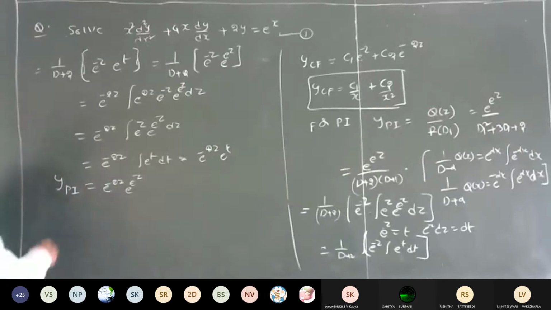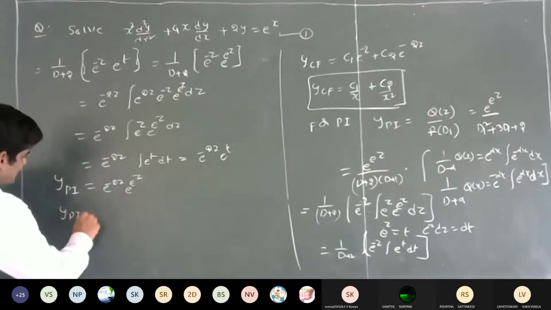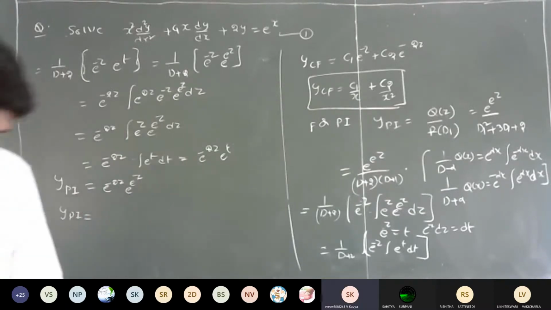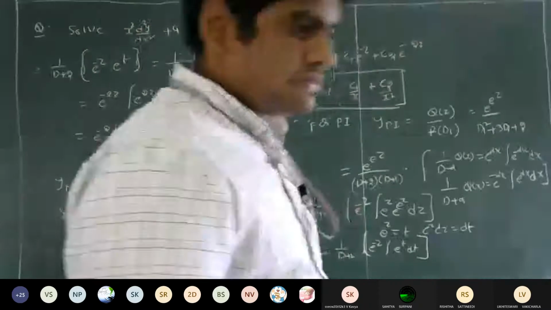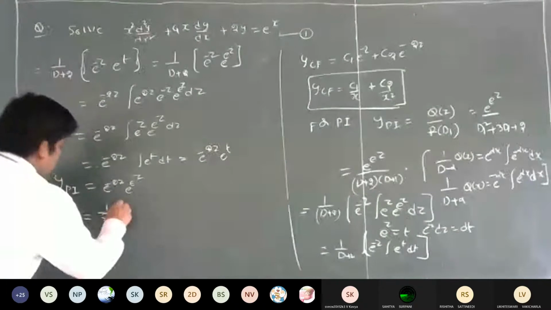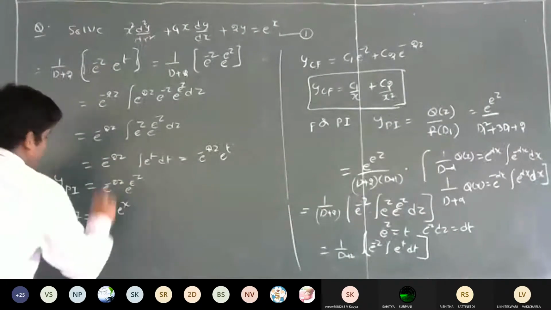So y particular is equal to, what is the value of e power minus 2z in terms of x? What is the value of e power minus 2z, ma? It is 1 by x square. 1 by x square into e power z, that is e power x.